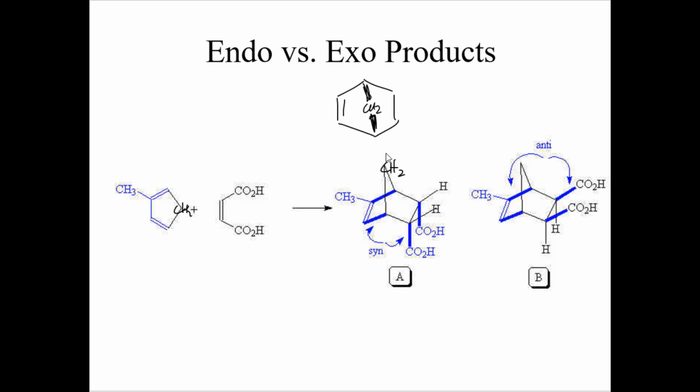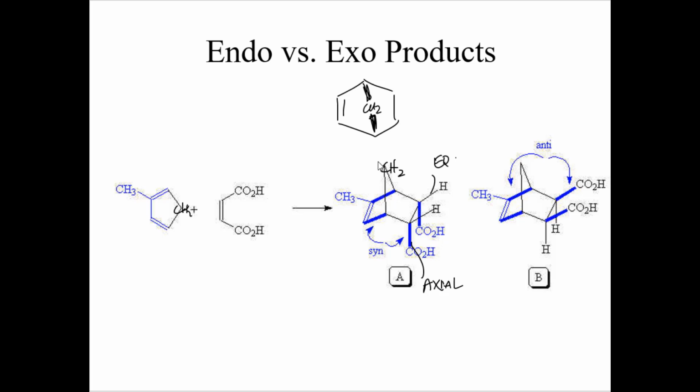Okay? And the question is, where do the CO2H groups go since they're cis? And they can go into either of these two positions. Now, if you look at these and you go, that looks like it's an equatorial position. Yes, it is. Oh, those look like they're axial positions. Yes, they are.